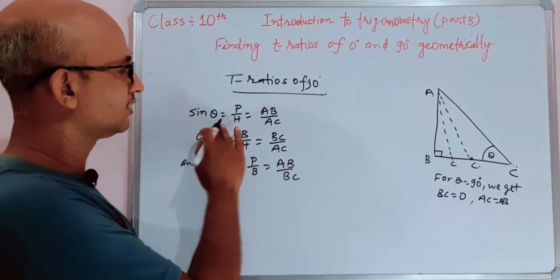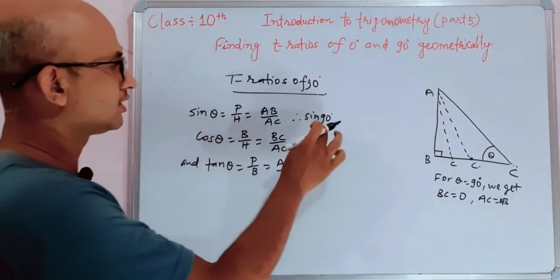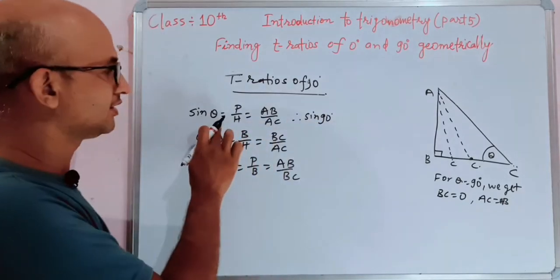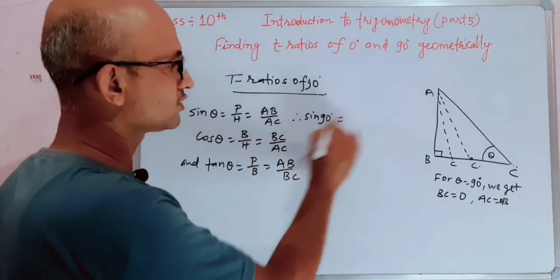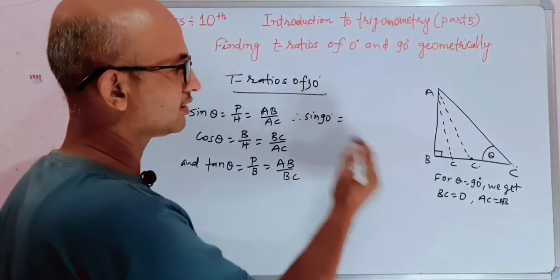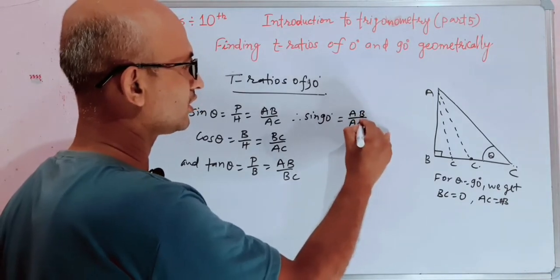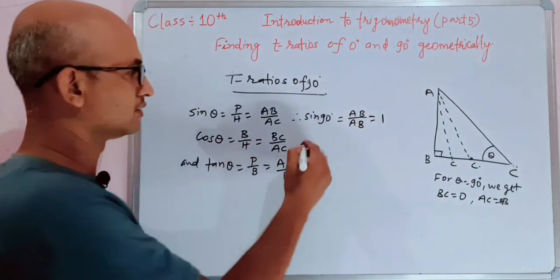Therefore, we find sine 90. On replacing theta by 90 degree in sine theta, we get sine 90 equals, for theta 90, AB and AC are equal. So we get sine 90 equals AB by AB, that is 1.